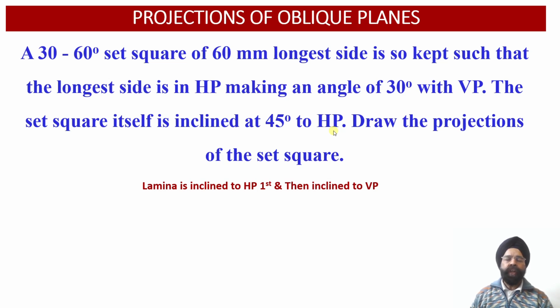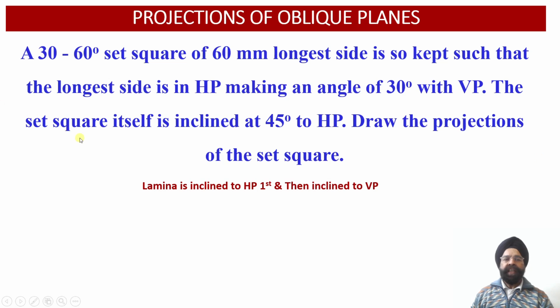Therefore the top view projections, which will be obtained below the XY reference line onto the horizontal plane, will provide the true shape projections of this set square. That is, first of all we will draw the true shape projections of the set square below the XY reference line onto the horizontal plane.